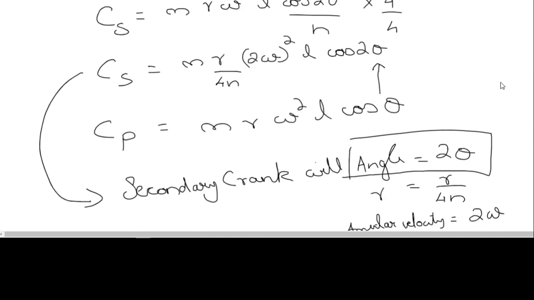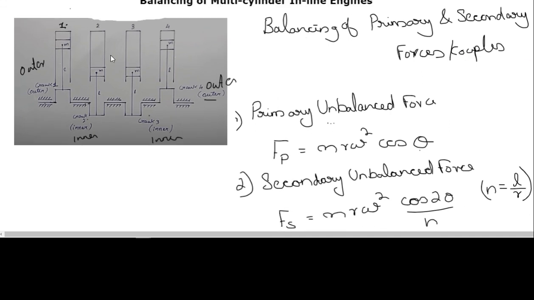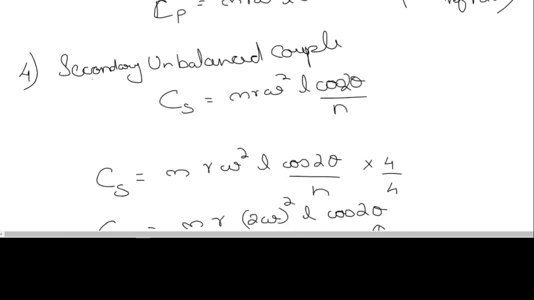That means, for example, if the first plane and second plane are at an angle of 60 degrees, when you draw the force polygon of the primary unbalanced force, you should draw it for 60 degrees. But when you draw it for the secondary unbalanced force, you should draw it for 120 degrees. Similarly, all the angles should be doubled to draw the secondary unbalanced force polygon.